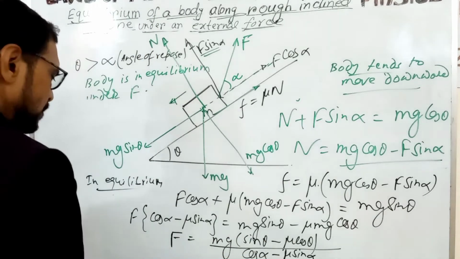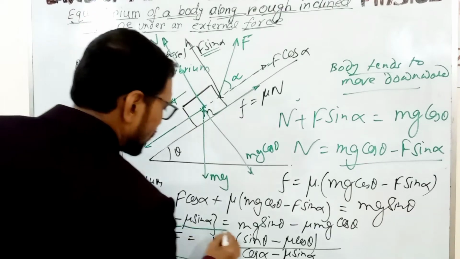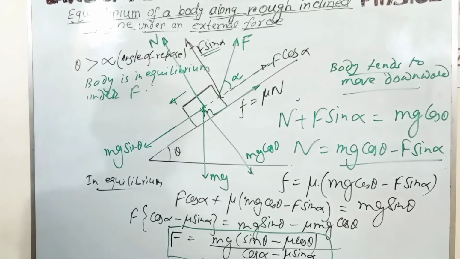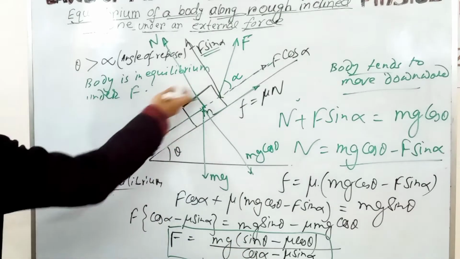So this is the force required when the force acts at an angle alpha with the horizontal, if the body tends to move downward.